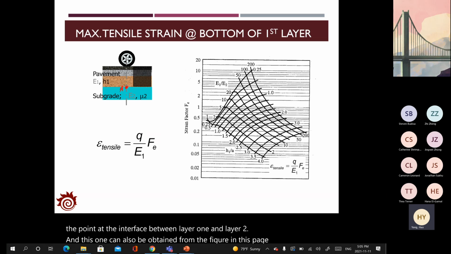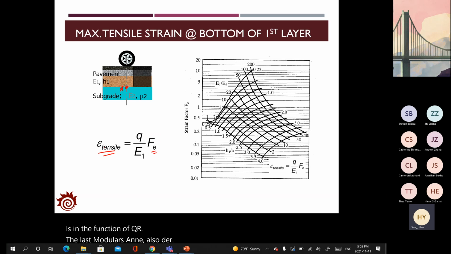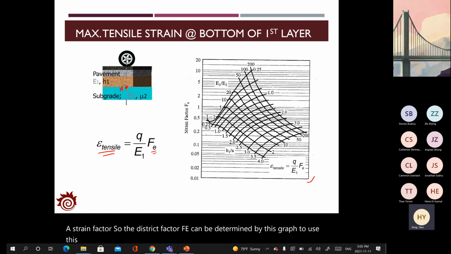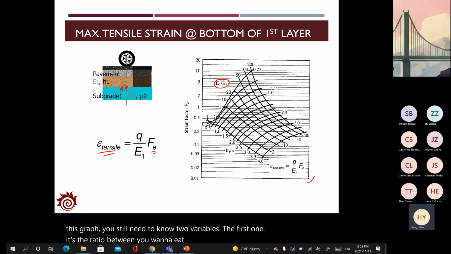The tensile strain at point A is a function of Q, the elastic modulus, and also the strain factor. So the strain factor Fe can be determined by this graph. To use this graph, you still need to know two variables. The first one is the ratio between E1 and E2, and the second one is the ratio H1 and A, the thickness and the radius of the contact area.